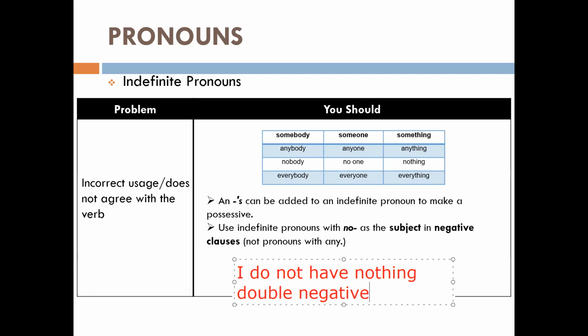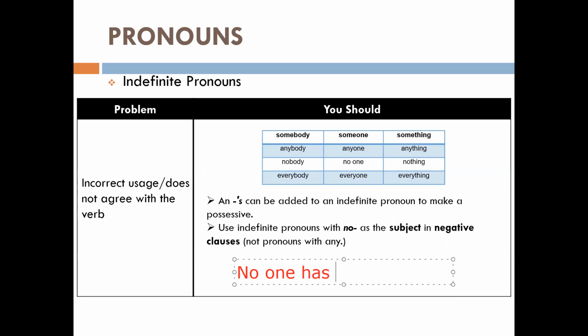So, isa lang ang ibig sabihin. Sa isang sentence, hindi dapat magkaroon ng dalawang negative. Example, no one has nothing. May no one ka na, may nothing ka pa. Hindi pwedeng mag-exist ang dalawang no, dalawang not, dalawang negative sa isang sentence.